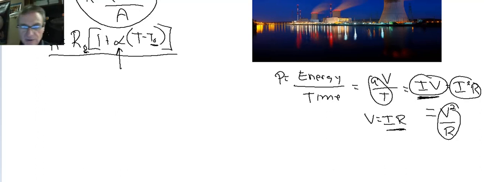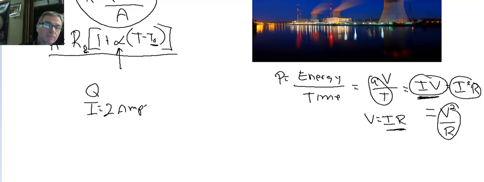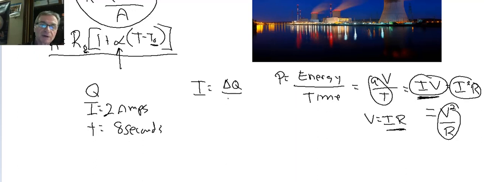So let's do a little example here. Let's say I want to know the amount of charge Q that is flowing in a circuit where the current I equals 2 amps, and the current is flowing for a time period of 8 seconds. I would like to know how much charge flowed during that time. Well, I've got the equation I is equal to the change in charge divided by time.